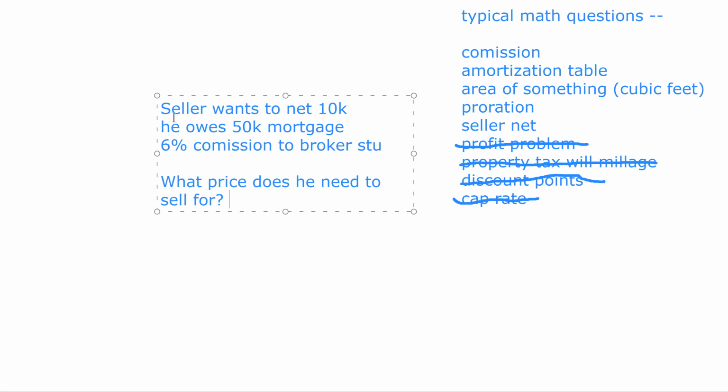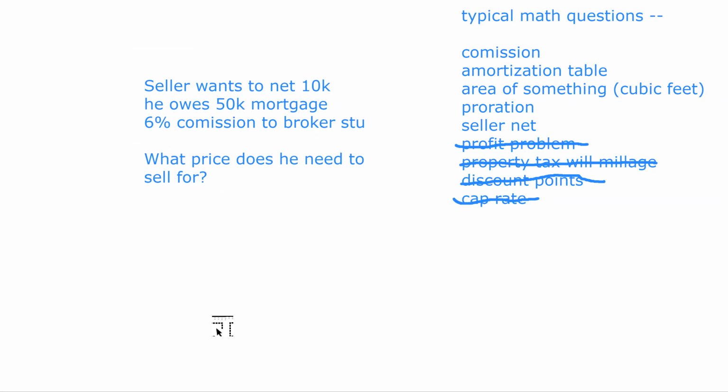Now, again, I'm not going to show you with numbers necessarily, even though I'm using some numbers here. I want you to understand and recognize the process that we're going to do to get you to where you need to be.